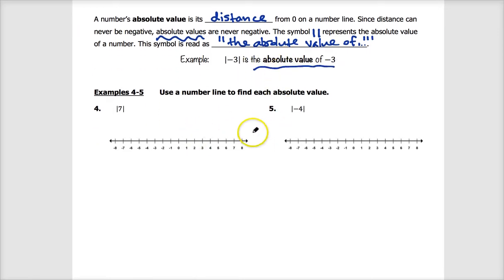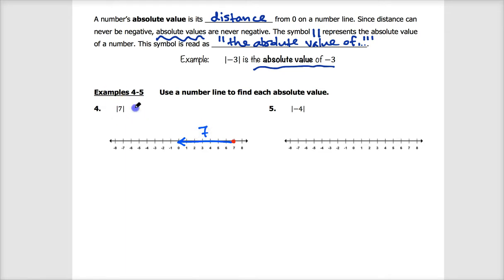So in these examples here, we're going to use the number line to find each absolute value. So the absolute value of 7 means we start at 7 and we count how far away 7 is from 0. Well, that's pretty obvious. 7 is 7 units away from 0 on a number line.